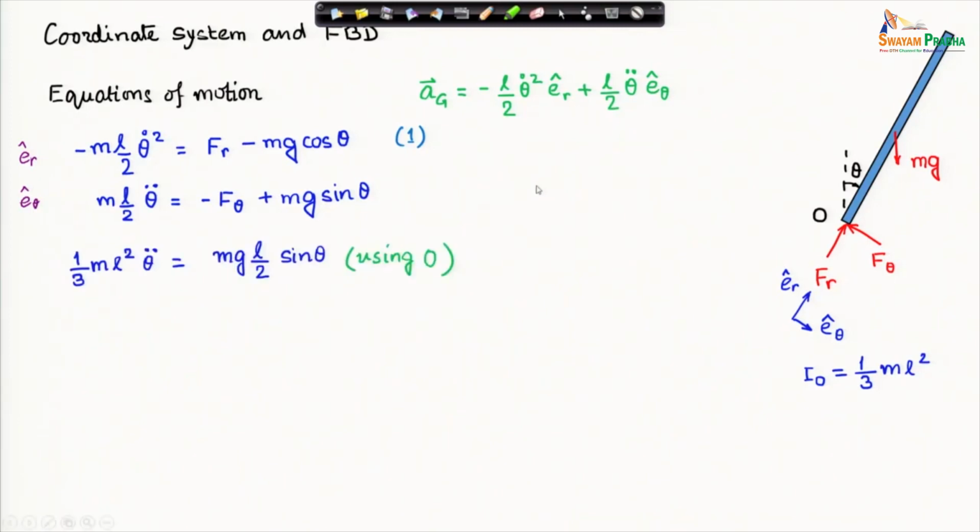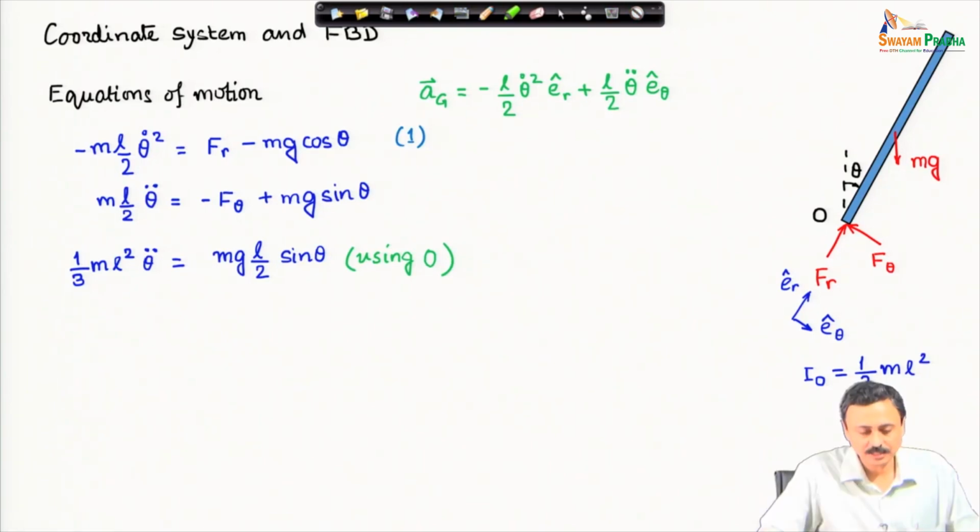Then the rotational dynamics equation, I have written it about that point O. Therefore, I need moment of inertia about O, it is 1/3 ml square times the angular acceleration is equal to the net moment about O. Who produces this moment? Only the weight.